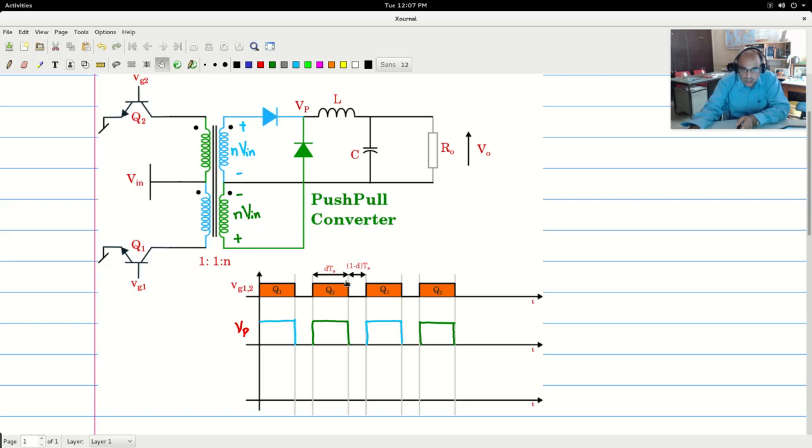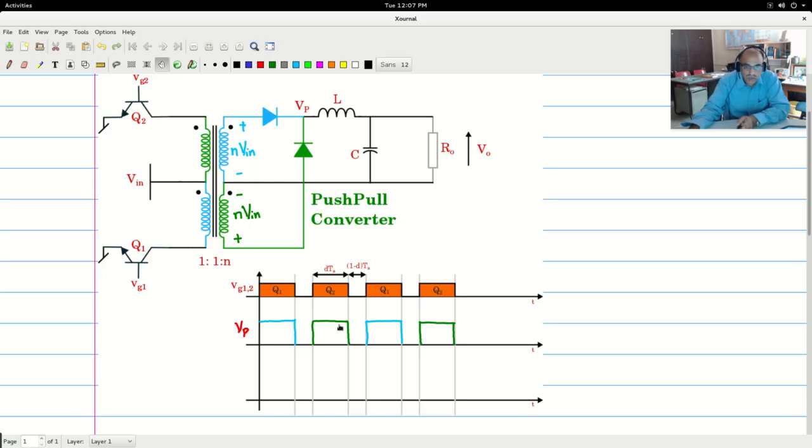Now that is what I have indicated here. The portion for which either Q2 or Q1 is on is called dTs, and the portion when neither of them is on is called 1 minus dTs. So this buck converter operation is based on this kind of a definition, and we can use this kind of a definition to find the V0.